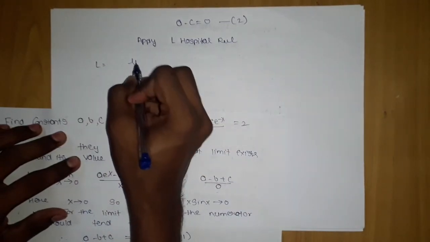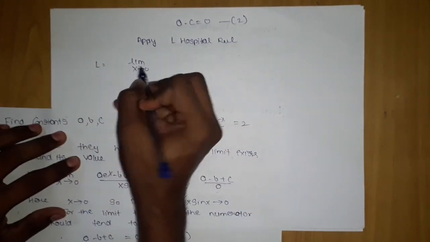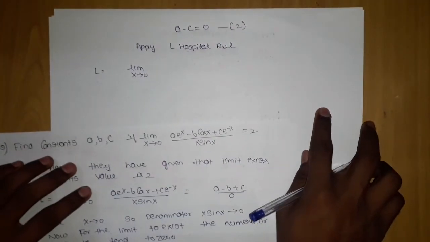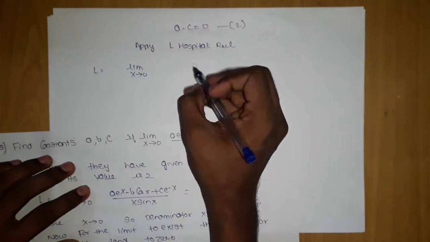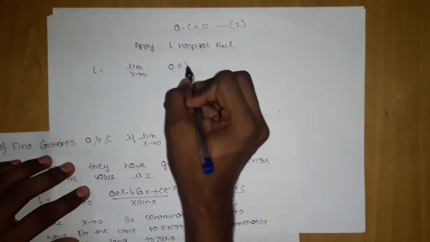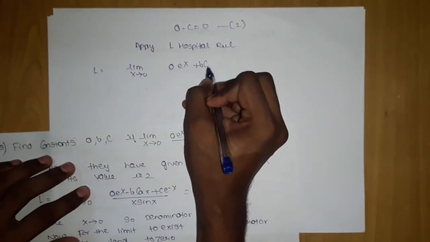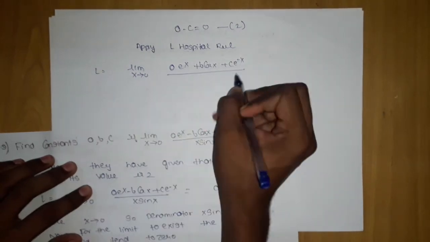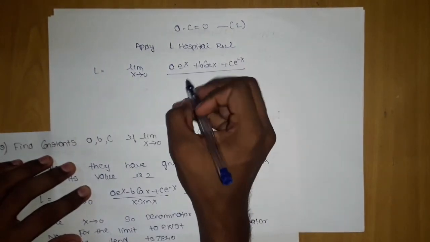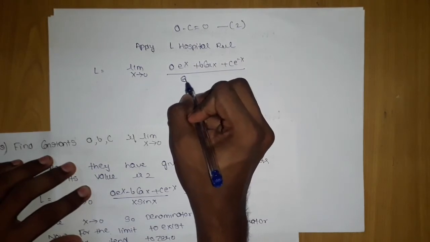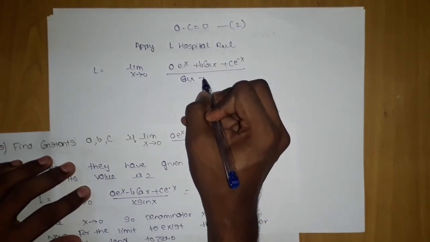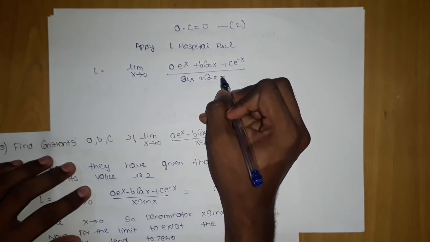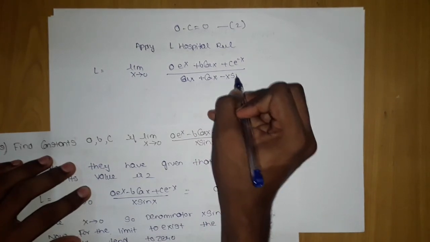What do we get now? Differentiate this. What are we getting? We are getting a e power x, b cos x, c e power minus x, whole upon cos x minus x sin x.